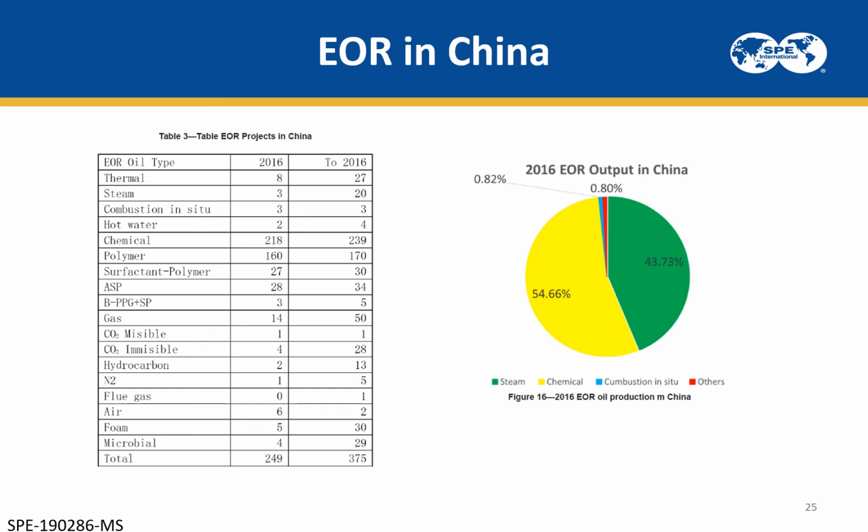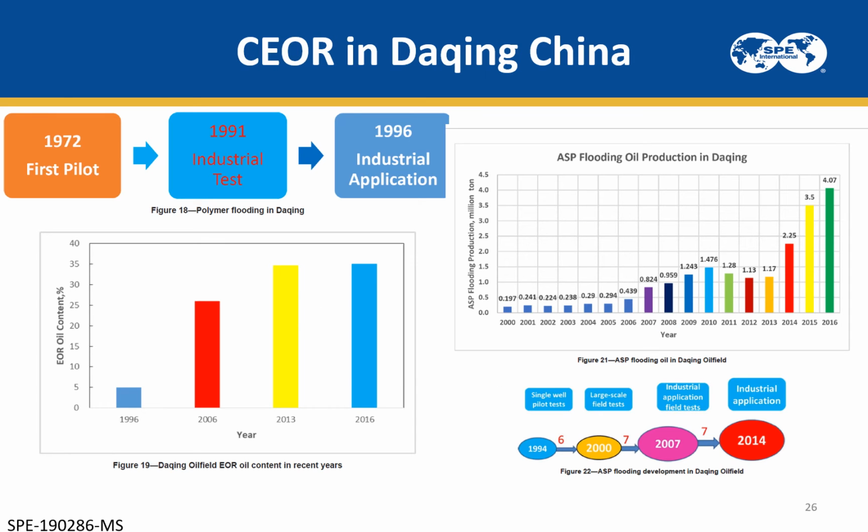And as a percentage, chemical EOR in China is the highest contribution, almost 54.6%, and then 43.7% for steam injection implementation.